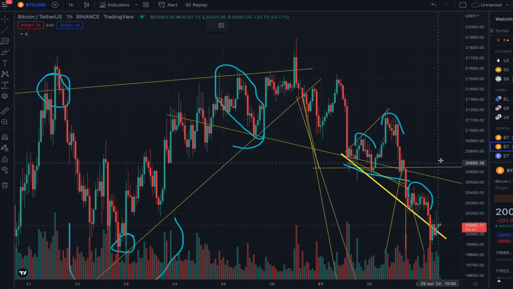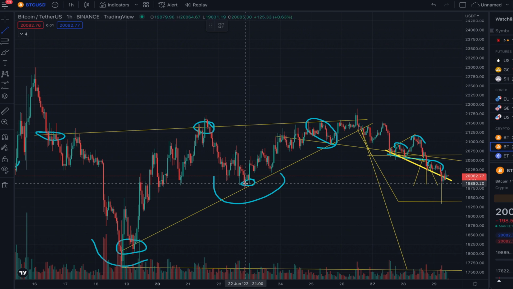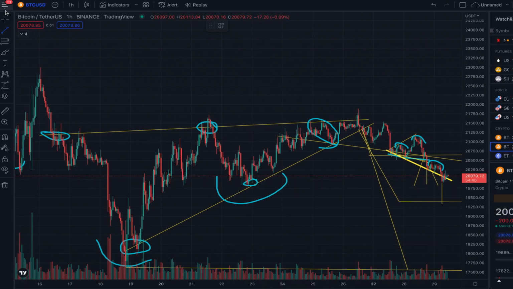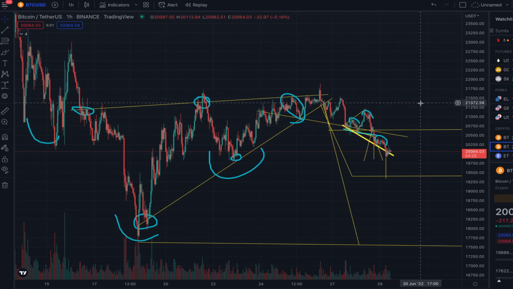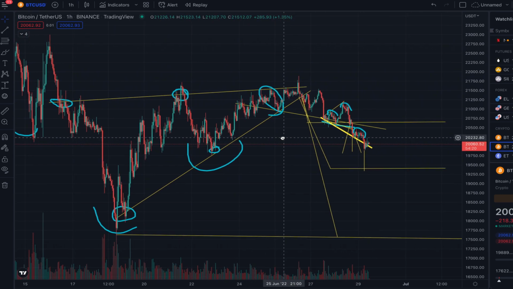So that previous support will be this second price target right here, because basically at all times all markets are made to go up. Simply, that's the entire purpose of every market. They are engineered to go up. The demand is always there. So when there is lack of demand or increase in supply, this is for general markets, the price will go down.